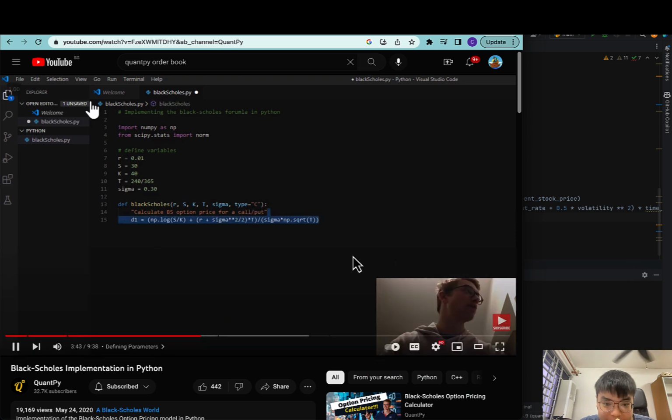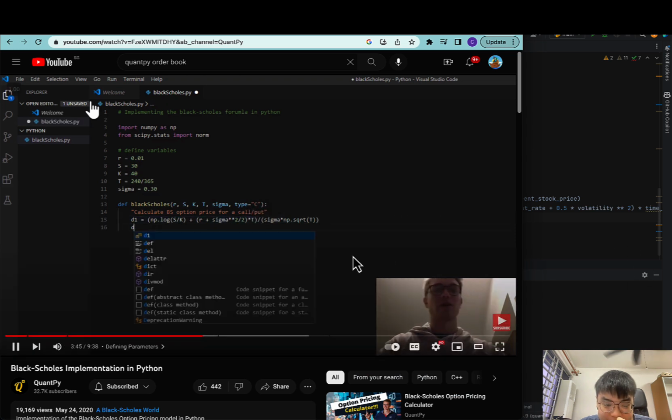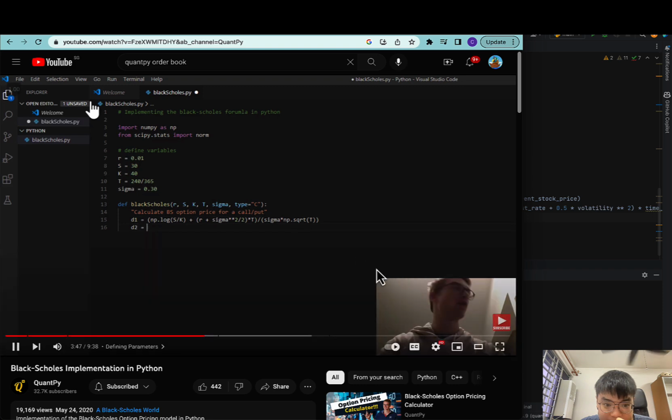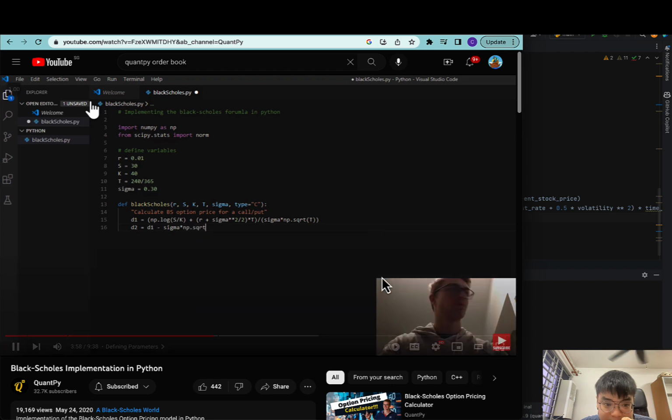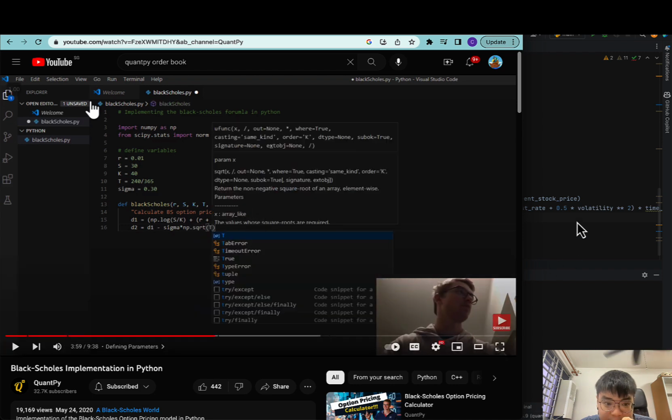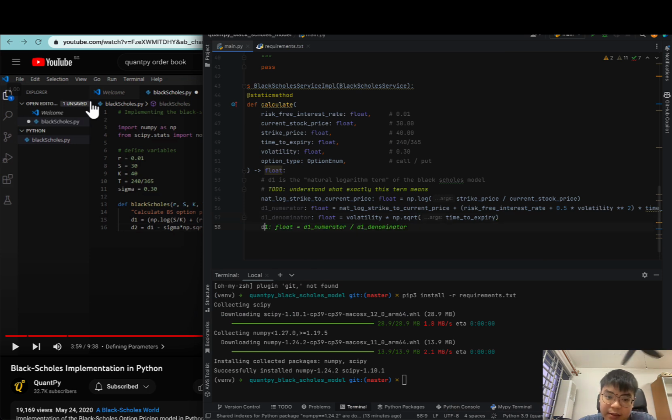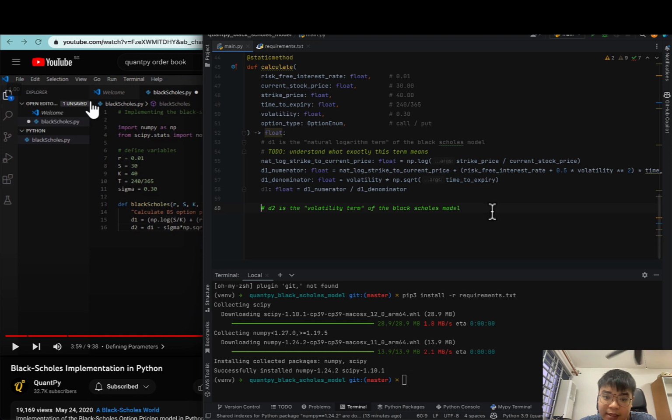That's our D1. So let's go ahead and define D2. And if we remember from last time, it's just D1 minus sigma times the square root of time. Okay, let's define D1. D1 is just D1 numerator divided by D1 denominator.